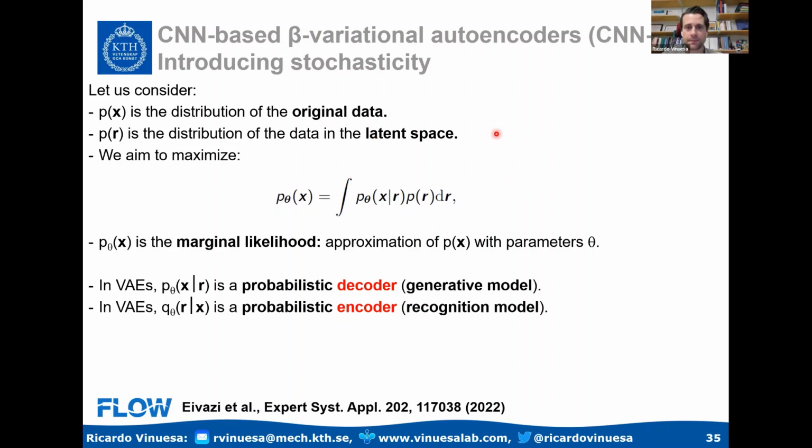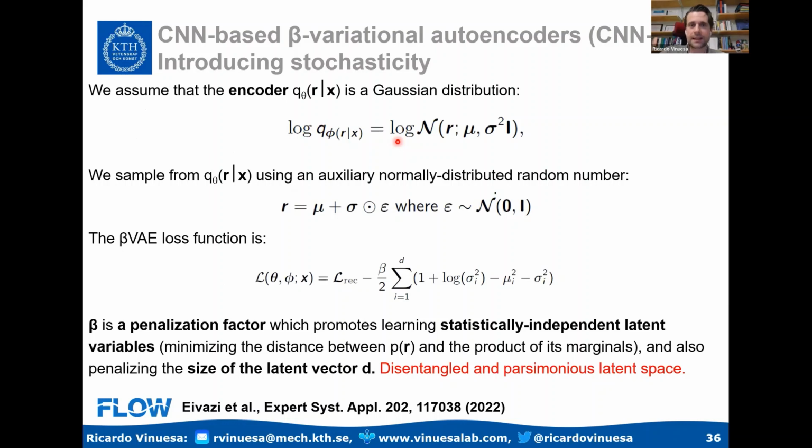So these are the conditional distributions that are important for my data, basically. And what I can actually do is look at this: the encoder is following a Gaussian distribution with a mean and a standard deviation. And I can sample from the latent space with normally distributed noise. So that's basically allowing me to define the latent variables like this. And my loss function in the beta variational autoencoder can be defined like this.